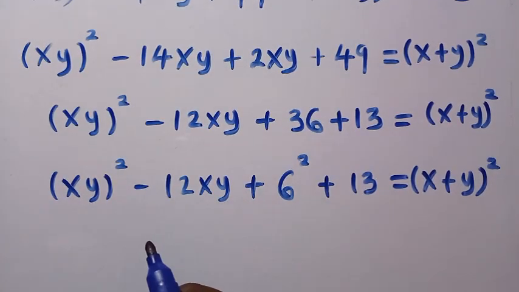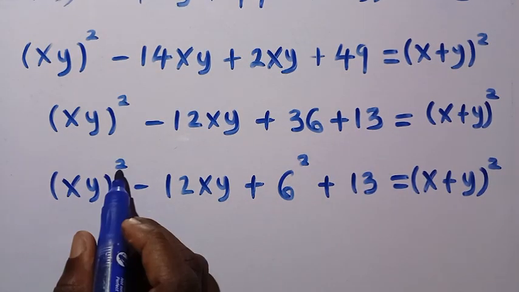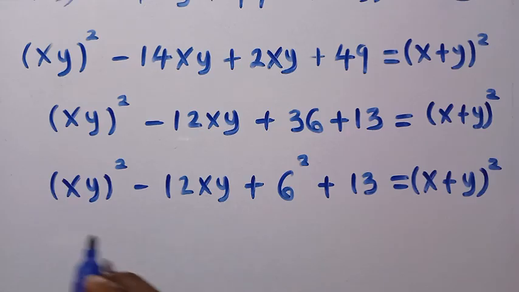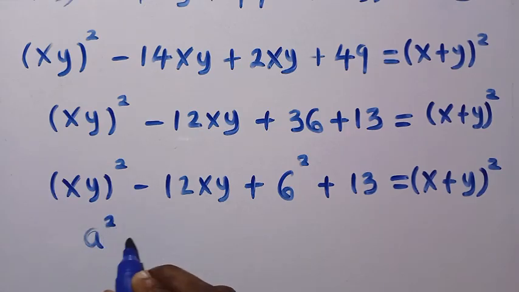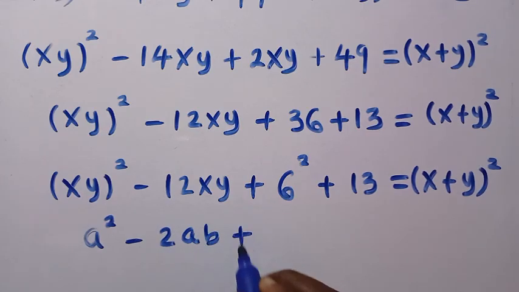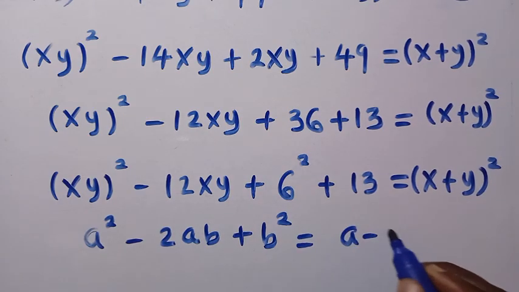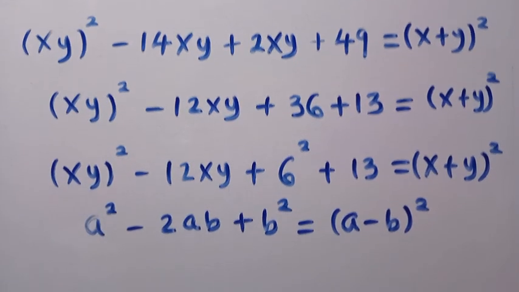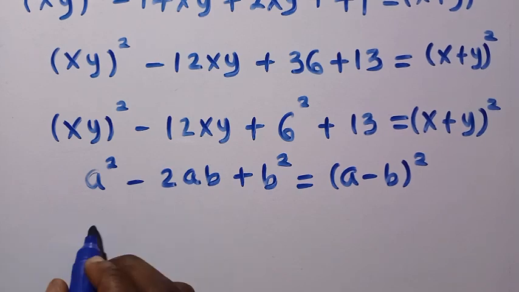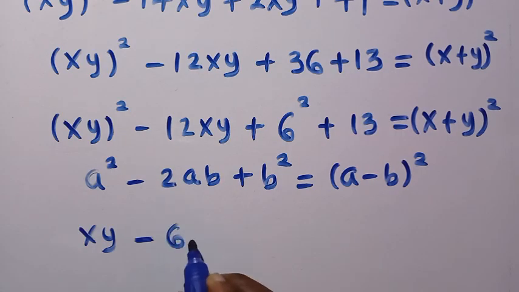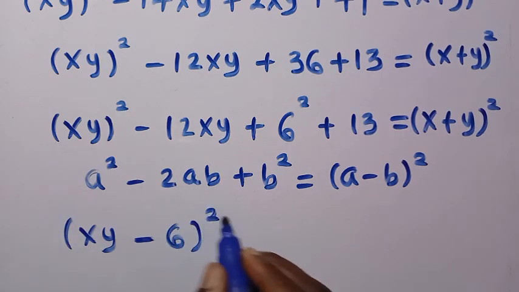So the next step we take here is this identity: (xy)² − 12xy + 6² is of the form a² − 2ab + b², which equals (a − b)². We are now considering xy as a, therefore this expression becomes (xy − 6) raised to the power of 2.